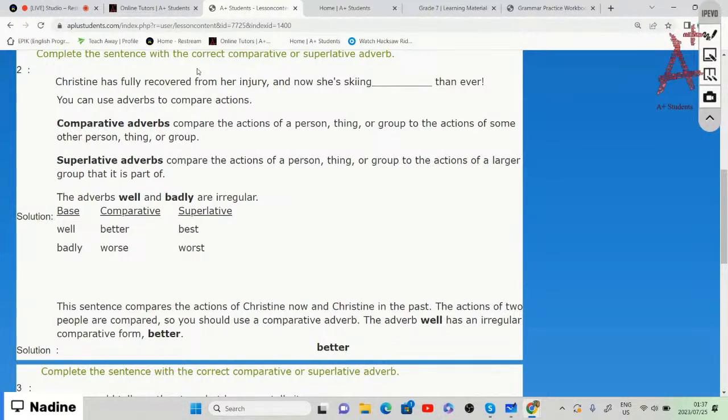If you are comparing your progress to yourself, then you can just say better. In this case, she's comparing how she skied before to how she's skiing now. So now she's skiing better than ever, and that is a comparative adverb. So better is our comparative form.